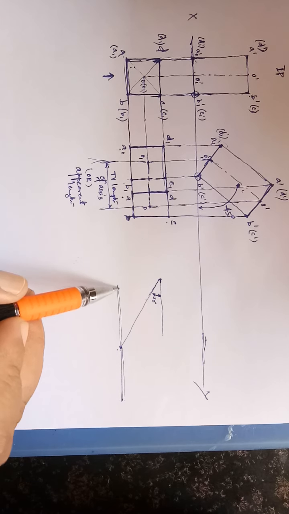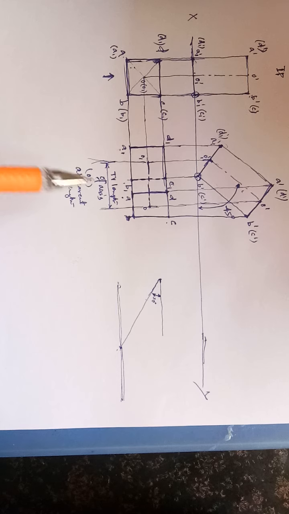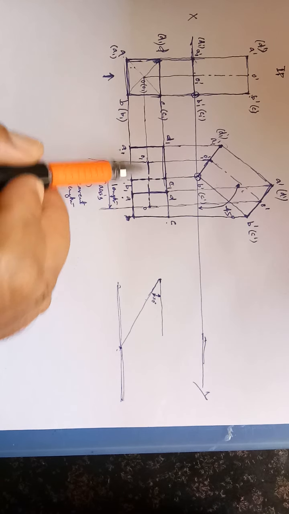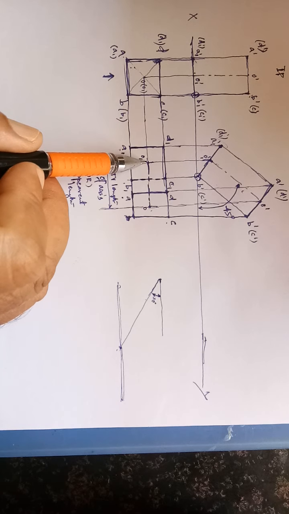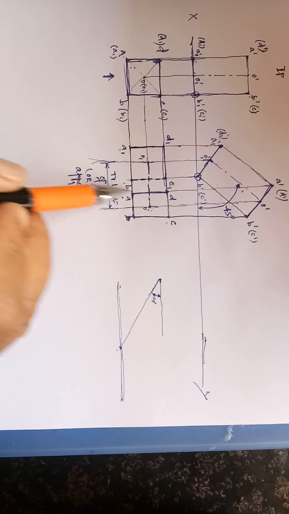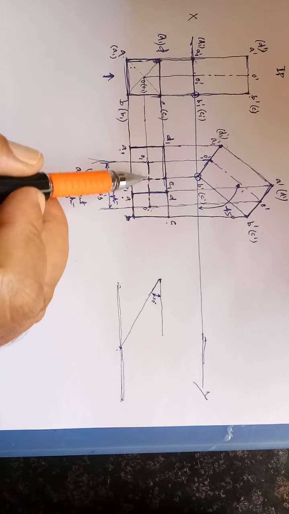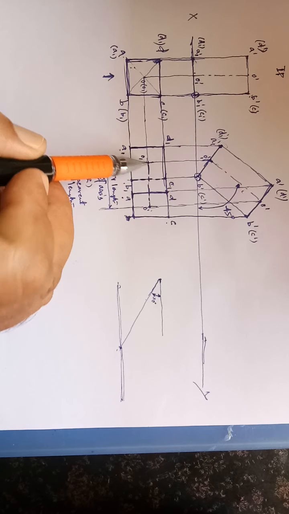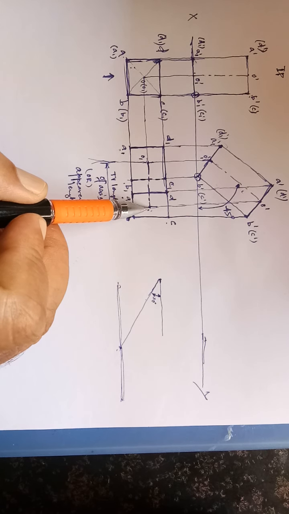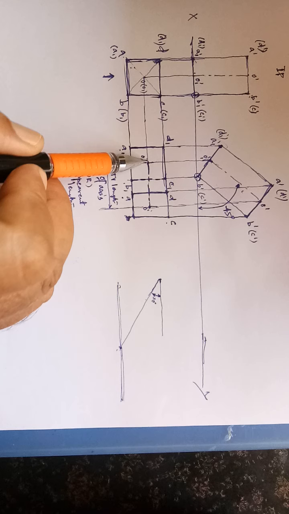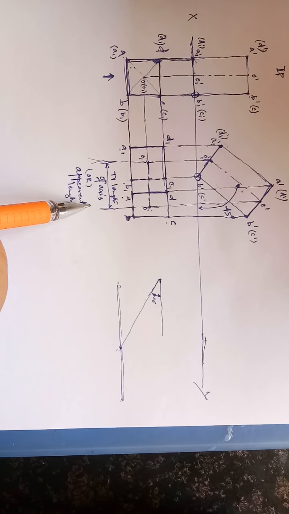Okay, next take the apparent length. Now apparent length is from the second set of views. This is O1 and O. So this is the top view length or apparent length of the axis. Measure this with your compass, O1 O as radius.